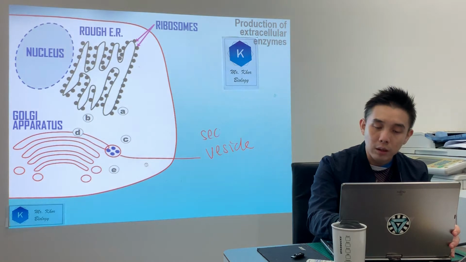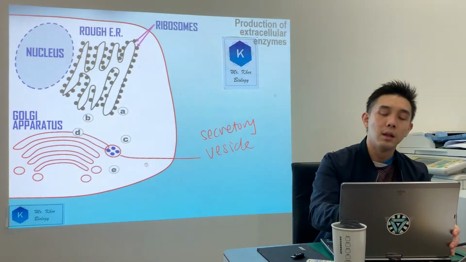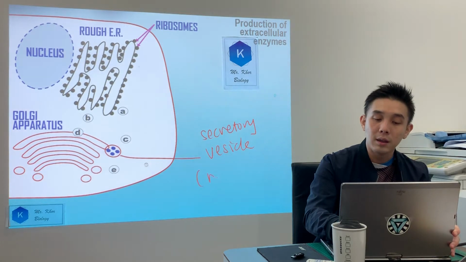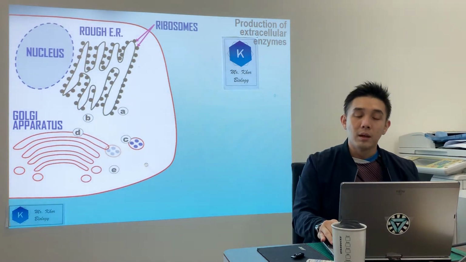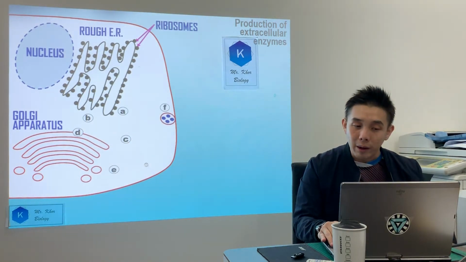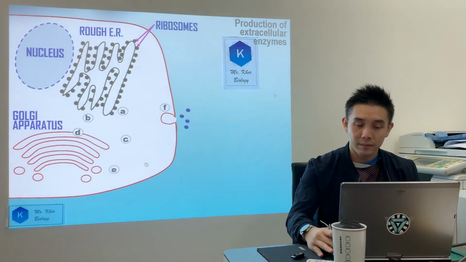Very important. We call this a secretory vesicle. Dalam BM, vesicle rembesan. Kenapa vesicle rembesan? Sebab mereka akan dirembes keluar daripada sel.